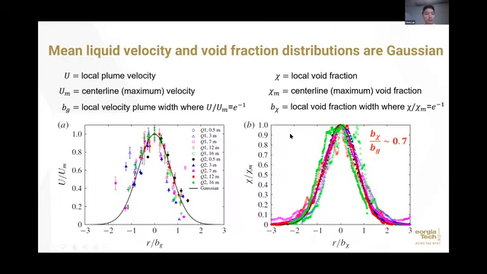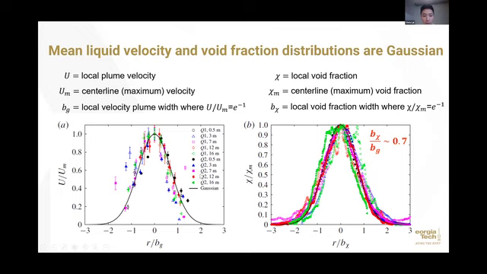So let us take a look at the mean liquid velocity and void volume fraction. These are shown in the left-hand and right-hand figures. First, even at such a low gas flow rate, we see that the mean velocity and the mean volume fraction follow a Gaussian distribution, just as the classic plumes that we looked at the beginning of this talk.